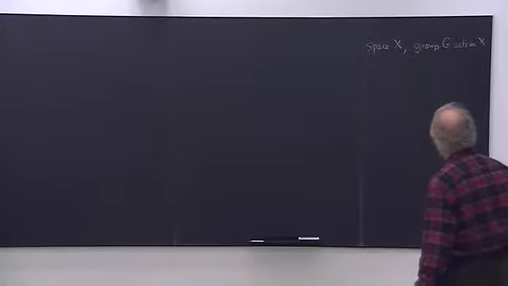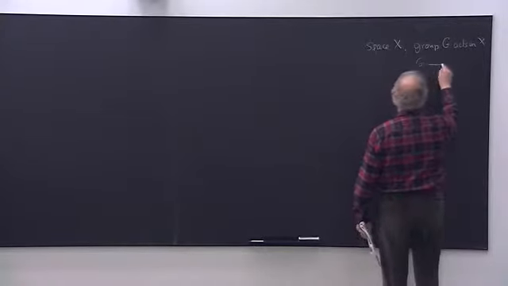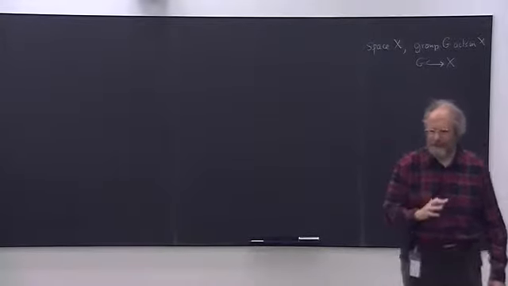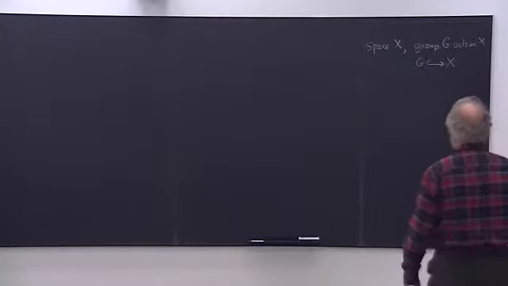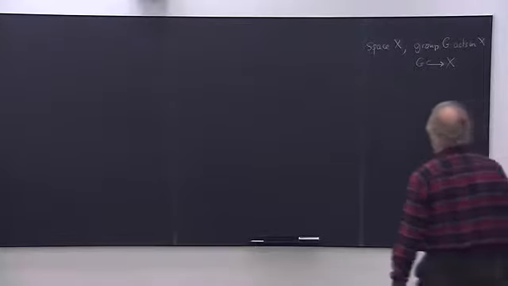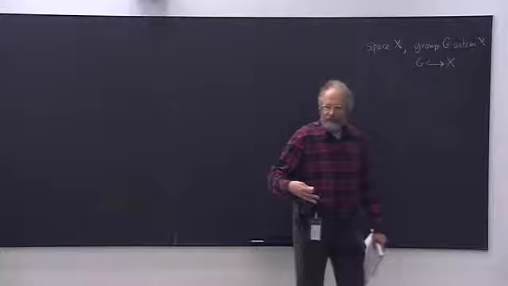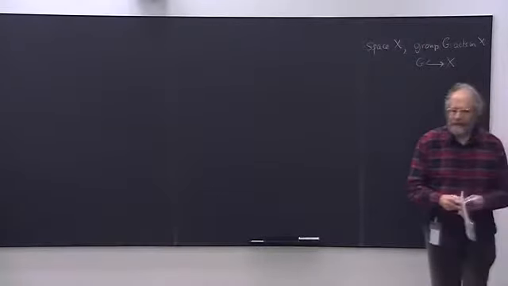I don't remember exactly the notation, but there is a well-defined mathematical notation: G acts on X, of course in a transitive way, etc. And then you can define the quotient space of X by G, the space of orbits.